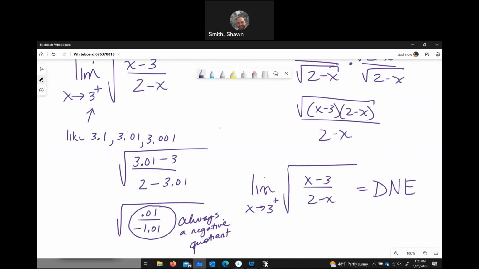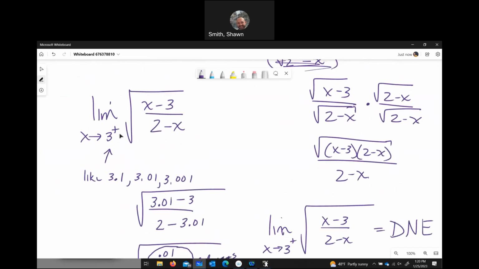And if you want to, you can look at the graph of that too. If you type it all in, you'll see there are no x values to the right of 3. The function doesn't even show up. Now you can say, all right, what if we looked at 3 coming from the left?